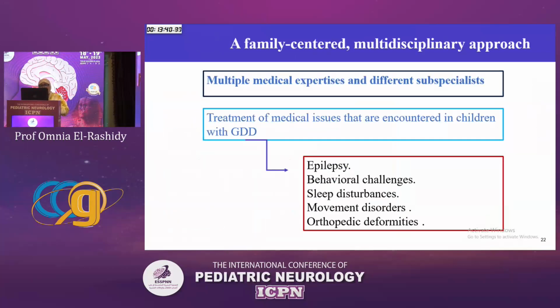A family-centered, multidisciplinary approach, as I said before, to treat the comorbidities: epilepsy, behavioral challenges, sleep disturbance, movement disorder, and orthopedic problems. If it is one of the catastrophic epilepsies, as we said, you can support your patient as you can. Please don't leave your patient 3 or 4 months in hospital. It will never end.